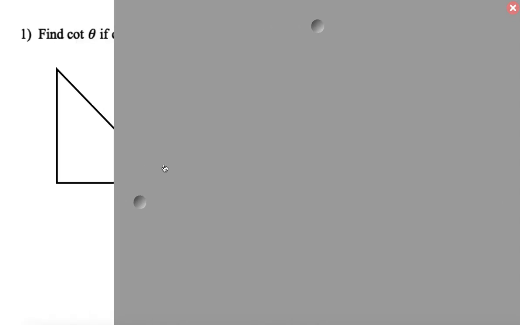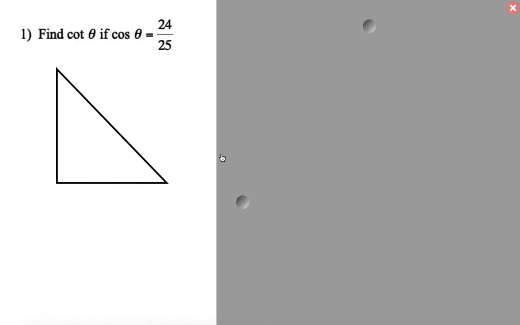So I'm going to have you try this one. Take a moment, pause, see if you can do it on your own. Okay, we'll call this theta. So cosine is adjacent over hypotenuse.